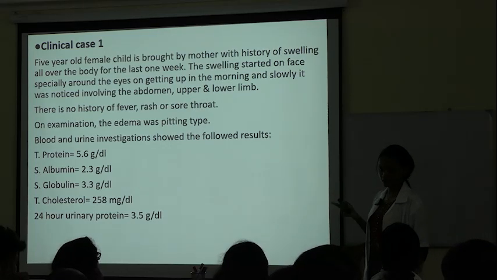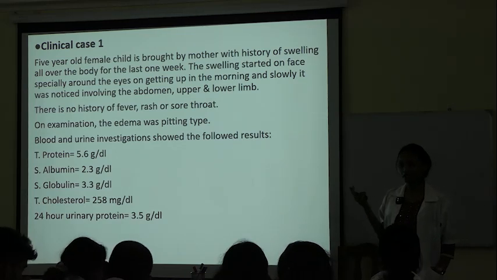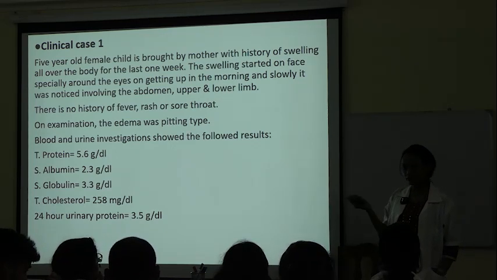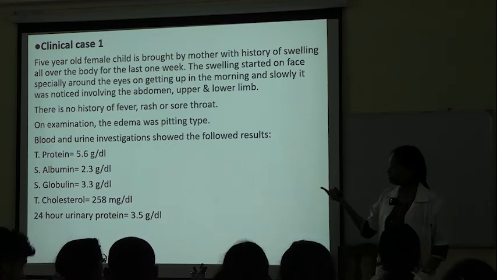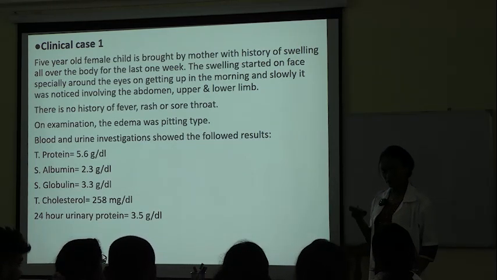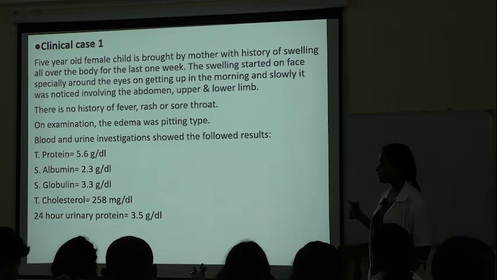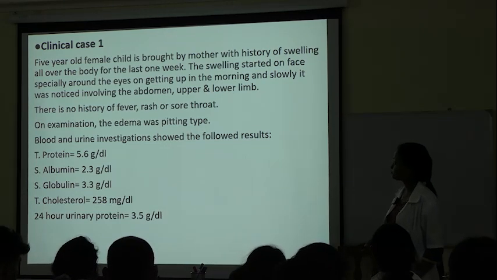The symptom is different. In nephritic, you will see cola color urine. By seeing the urine, you can diagnose, like edema, swelling, everything. Then you can record the 24-hour urinary protein and the color of the urine. If the urine is cola color, then clinically you can directly diagnose that this is nephritic syndrome.